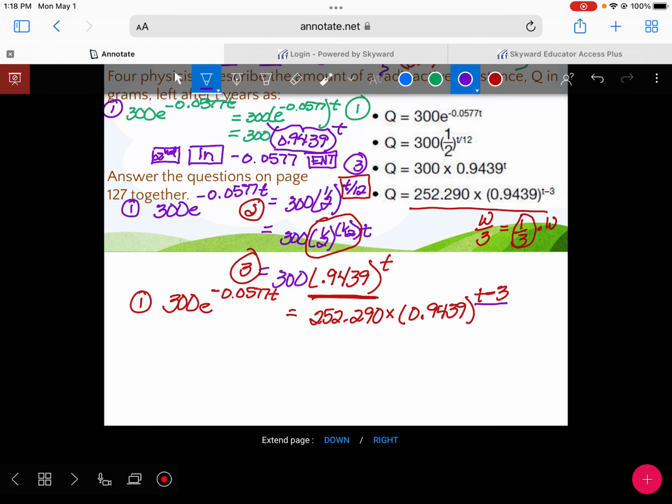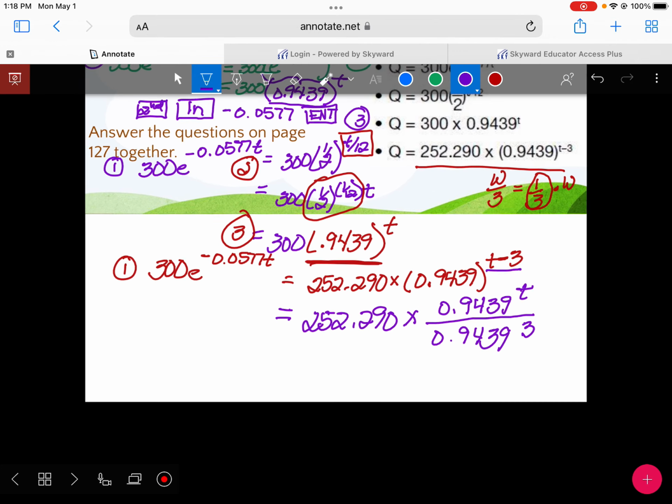Dividing. So this I can rewrite as 252.290 times 0.9439 to the t power divided by 0.9439 to the third.